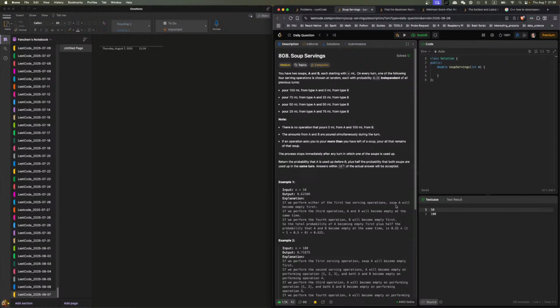So the total probability of A becoming empty first plus half the probability that A and B become empty at the same time is the probability that, so we have 2, right?